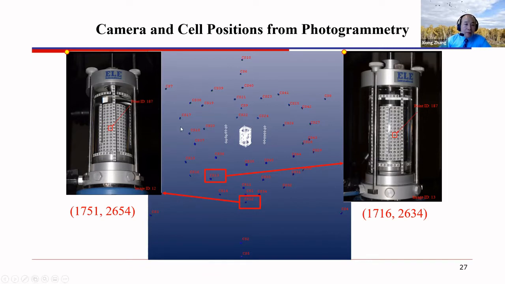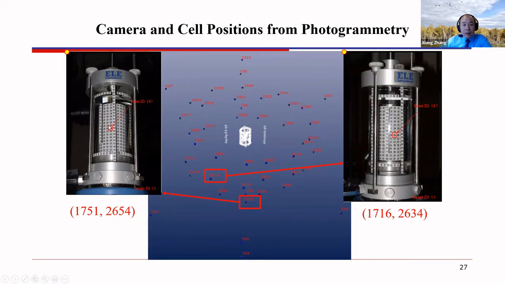So for the same point, for example, this point with the ID of 187, on the two pictures, if you measure its coordinates relative to the upper left corner, you can find that its pixel coordinates are this one and this one. The difference in the horizontal direction is 35, and in the vertical direction the difference is 20.